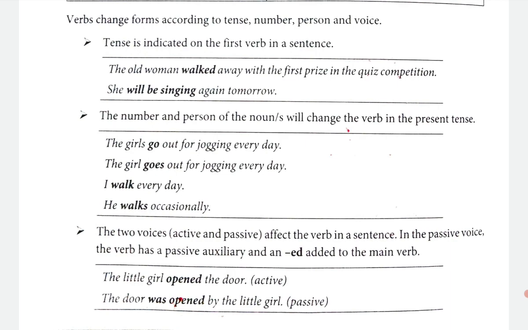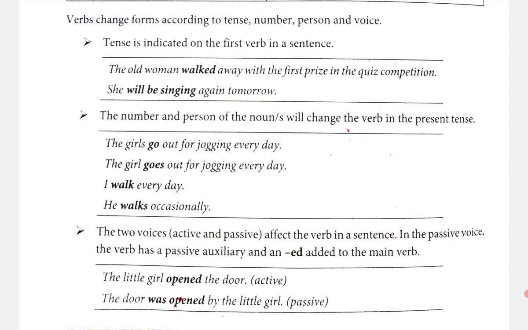Whether it is present tense or past tense, whatever it is, tense is indicated in the first verb in the sentence. The old woman walked away with the first prize in the quiz competition. The first verb is walked and it shows the tense form. It is in the past tense.